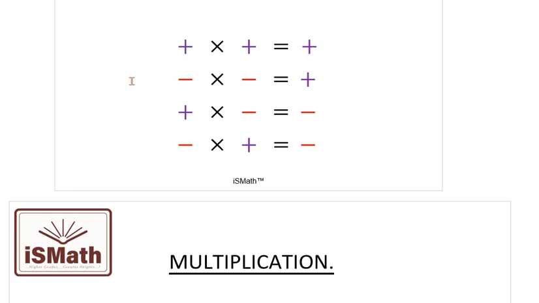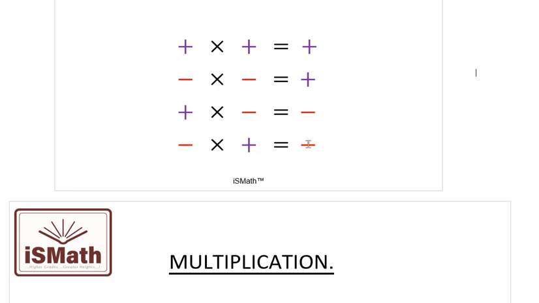Positive times negative will be negative, and negative times positive would be negative. I'll take that again. I said positive times positive is positive. We have negative times negative is positive. Positive times negative is negative. And negative times positive is negative.